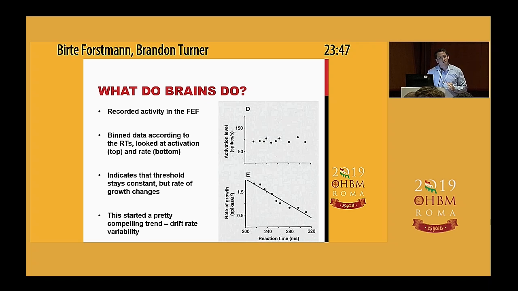They also calculated with a simple slope function what the rate of growth was up until that point. As you see here, it's flat here, but it's going downward in this example. That would suggest that the rate of firing is changing from trial to trial, and it's not a threshold mechanism. So this really is what gave rise or justification to a lot of the latent variable modeling that came after that.